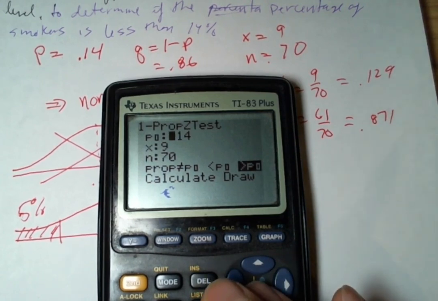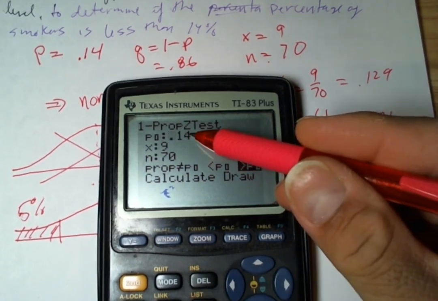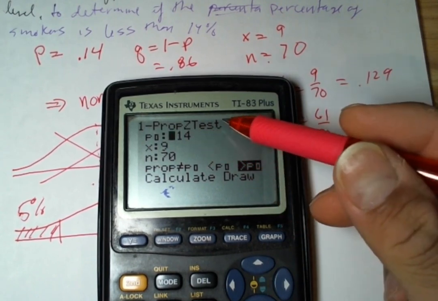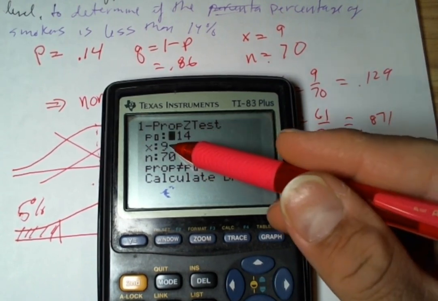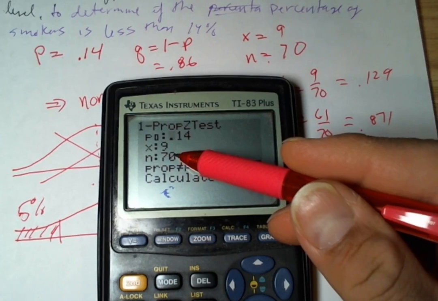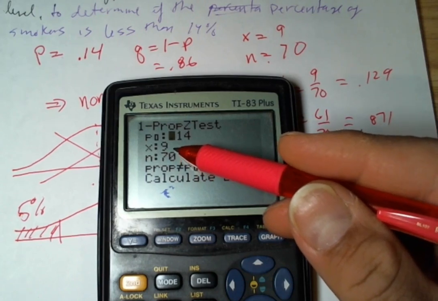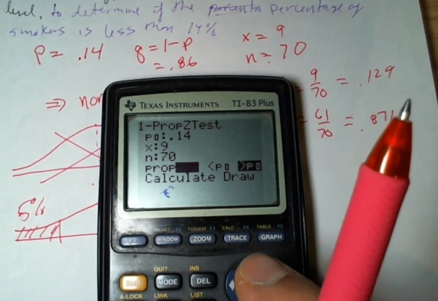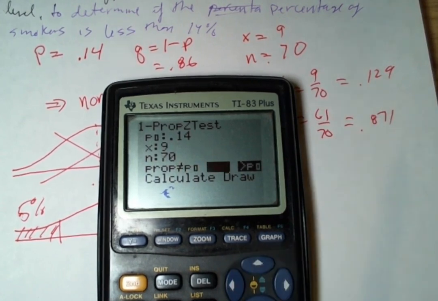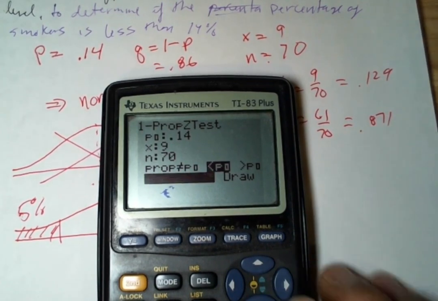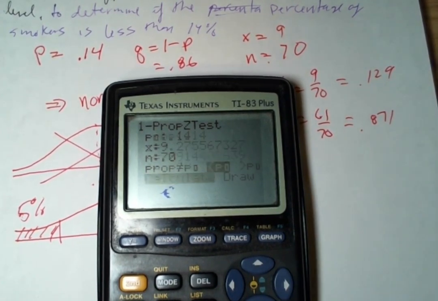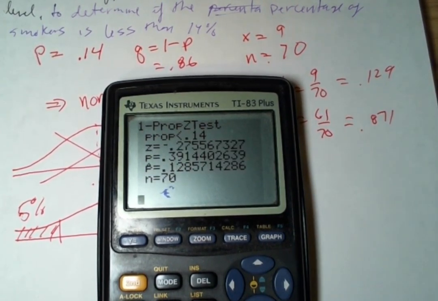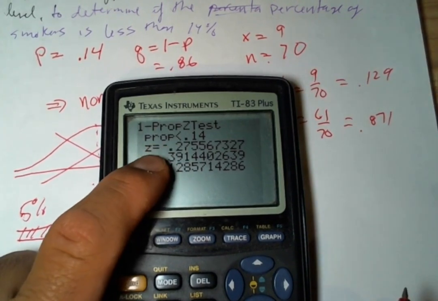One thing I do have to change is p0, which is 0.14. Our data is 9 successful trials out of the 70 trials. And one thing I need to highlight here: it says two-tailed, but this is going to be left-tailed, so I chose the middle one. Then we calculate and get our z-score.